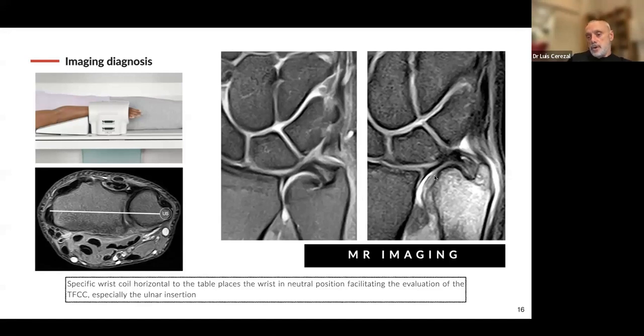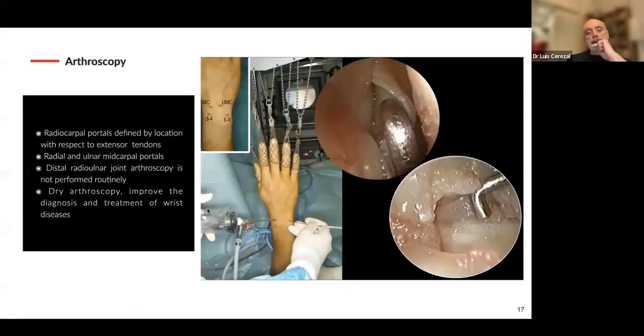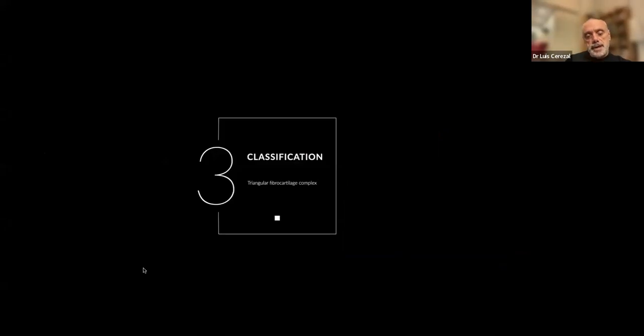Even, like in the right image, in cases of fracture or pseudoarthrosis of the ulnar styloid, it's very easy to evaluate the foveal and styloid insertion on the ulna. Of course, the gold standard in the diagnosis and treatment is arthroscopy, but MRI is a very powerful method in the evaluation of TFC injuries.